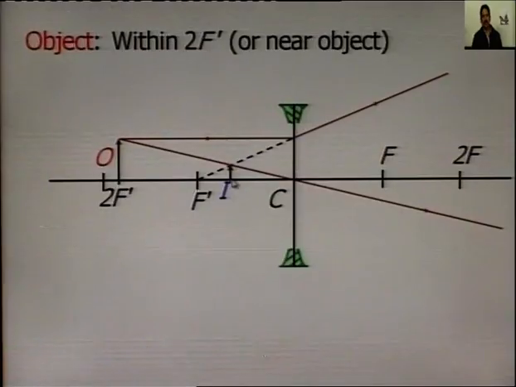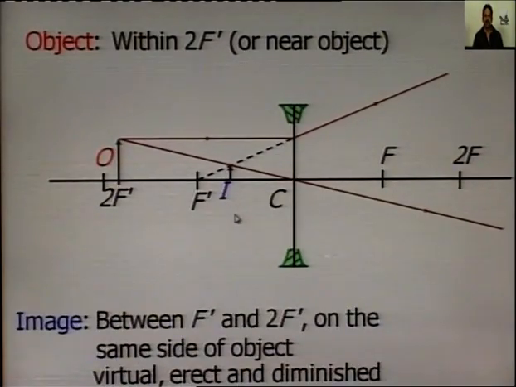So, the image formed is again virtual, and as you can see the size of the image is smaller and on the same side. So, the image will be formed between f prime and 2f on the same side of the object, virtual, erect and diminished.